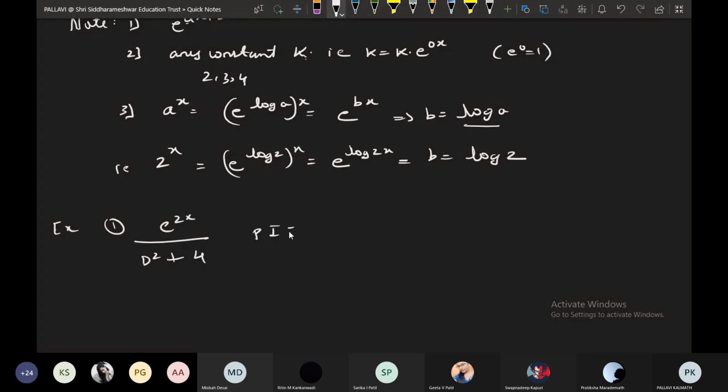What will be the particular integral for this? This is e raised to ax. What is a here? a is equal to 2. So how to write the particular integral? It will be e raised to ax upon f of d.